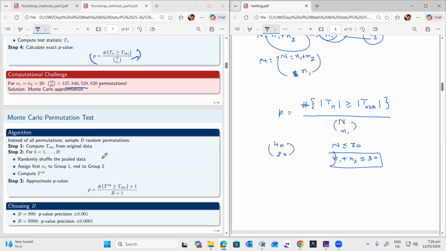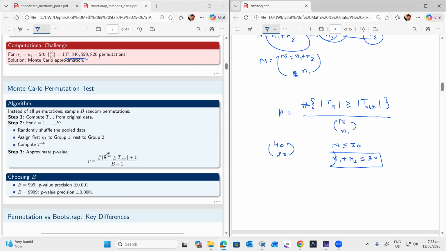And this approach makes the permutation test applicable to data of any size. All right. So we are not going to check the permutation test on each and every single value. We are going to check it on some particular number of observations.